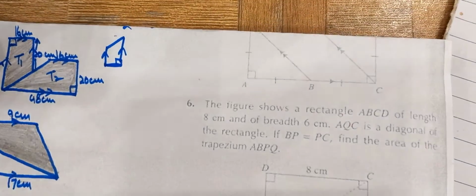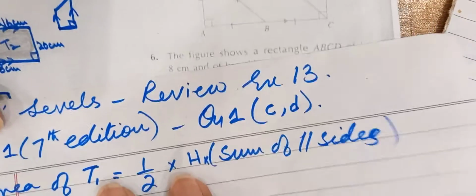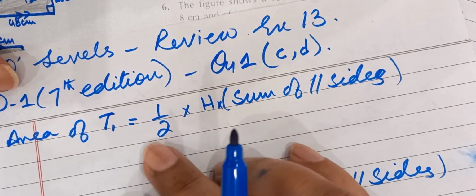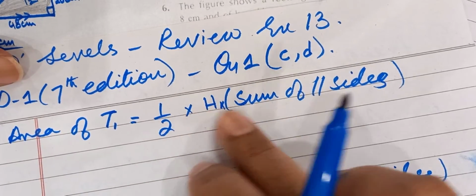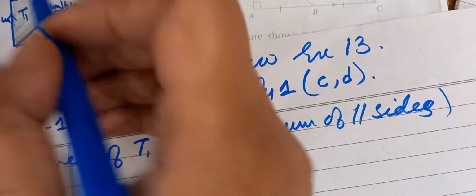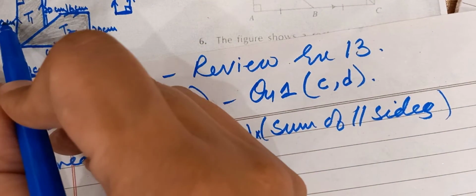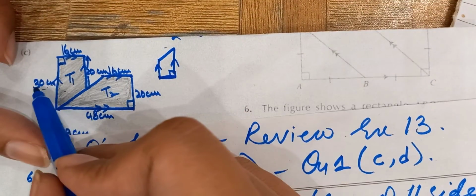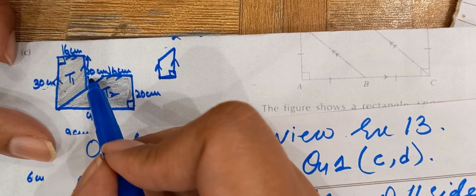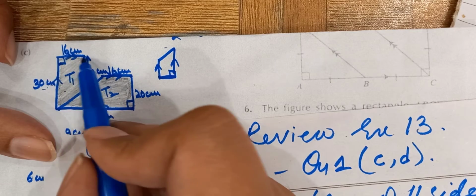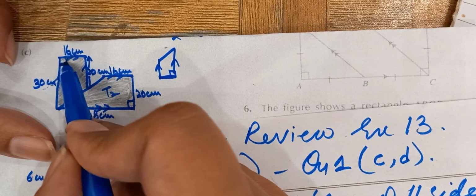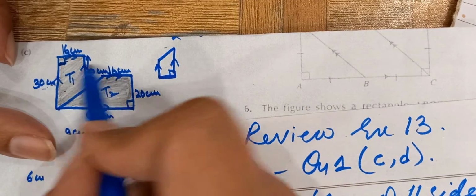So I'm going to find the area of trapezium 1. The formula for the area of a trapezium is 1 by 2 into height into sum of parallel lines. These are the parallel lines, 30 centimeters and 20 centimeters long, and the height is the perpendicular distance between these two lines.